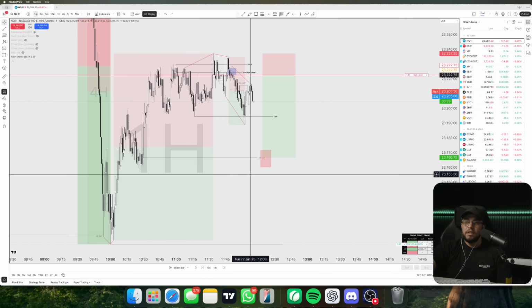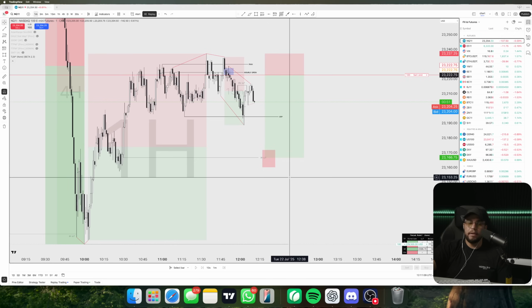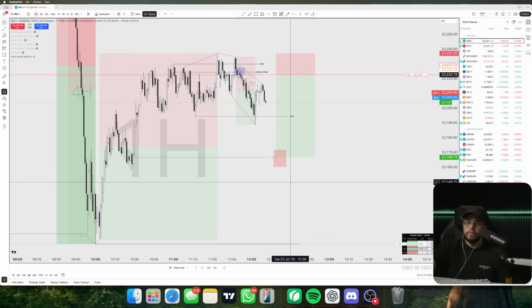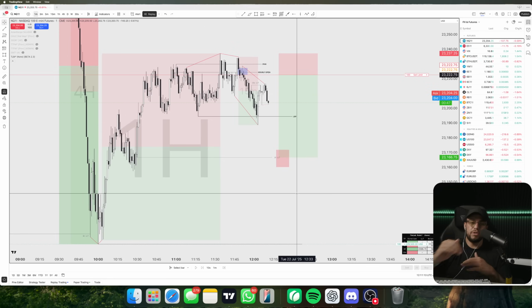But the data suggests that they don't. So we have to treat them as expansion candles. And if that means we take a loss, we take a loss. And that's completely okay. Our job's not to control the outcome. It's to stack the layers of probability in our favor and take the most probabilistic trade, if that's a word.